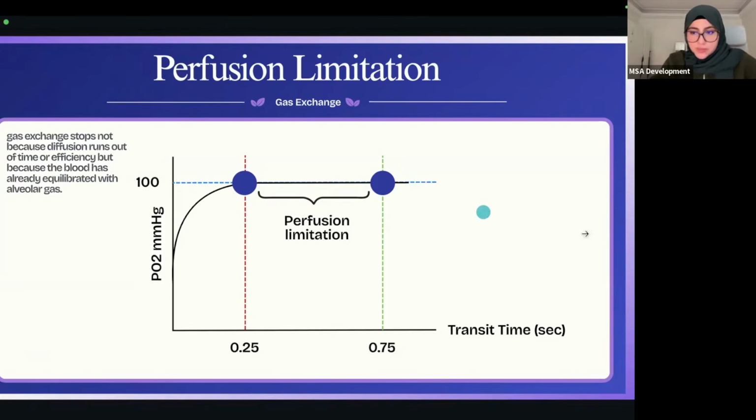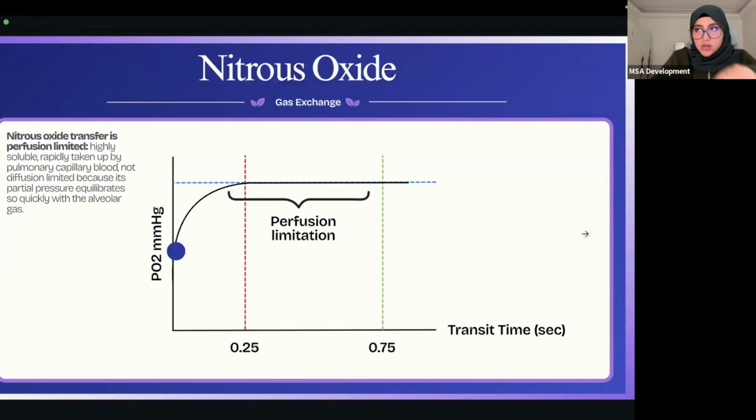An example of this is nitrous oxide. Nitrous oxide gets taken up by the plasma so quickly, it diffuses into plasma so quickly, it reaches an equilibrium so quickly.